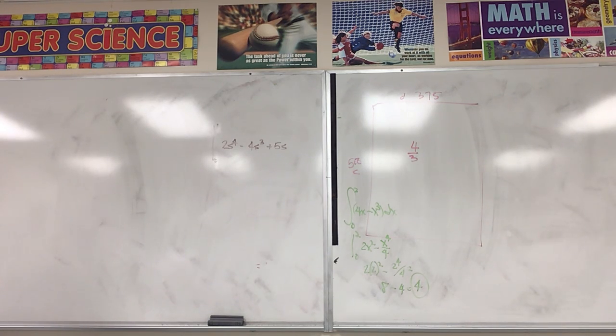For 25, would it be easier to bring the bottom up to the top and do a negative? You could do that, but you still have a composite. We haven't quite learned how to do that yet, but try it. If we had to do it right now, would you multiply it out? No, that doesn't make it any easier.